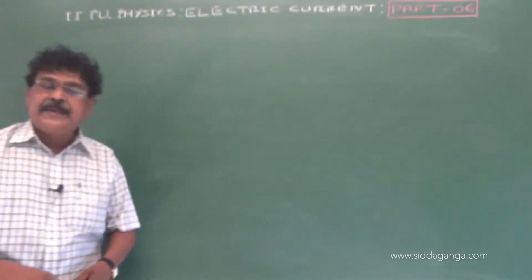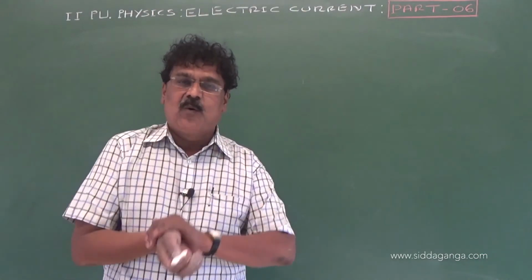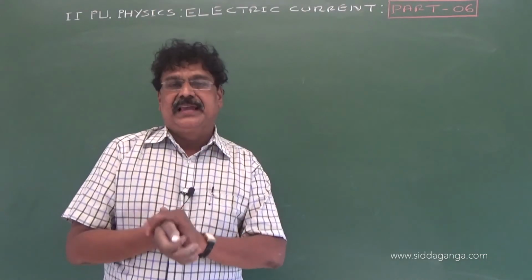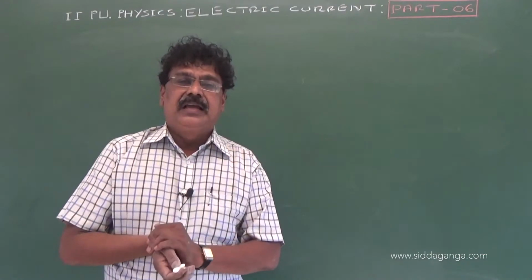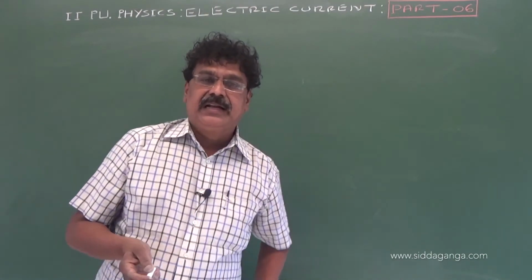Now, why do ohmic devices obey Ohm's law? V by I, that is R, is always equal to a constant for a given device.